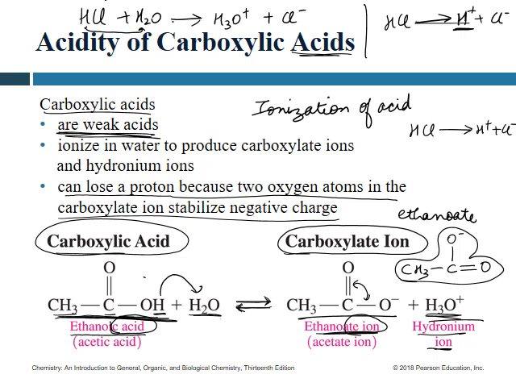At the end, you will not have any HCl left. But weak acids do not completely dissociate. If you have a weak acid, assuming this is a general acid, HA, some of it will dissociate to ions, whereas some of it will stay just like this. So those are weak acids. So carboxylic acids are all weak acids.